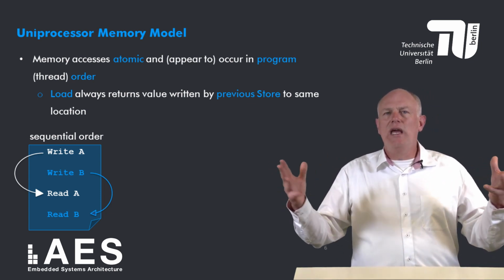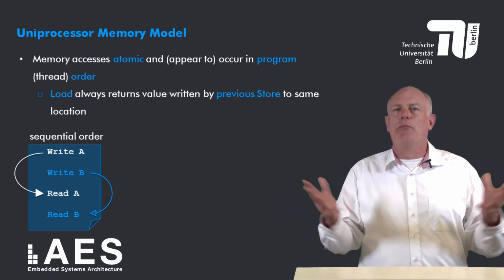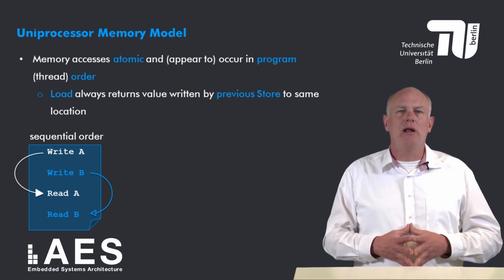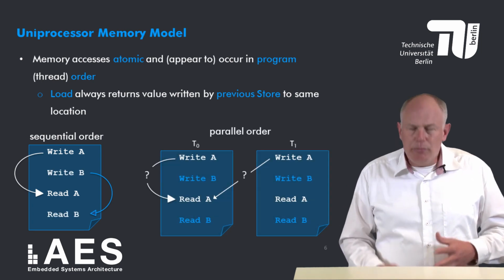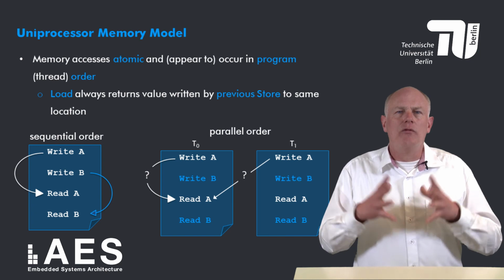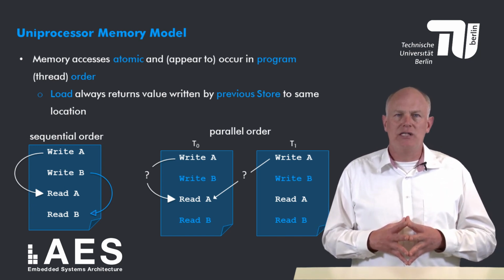So, why don't we adopt this beautiful, simple to understand memory model for multiprocessors as well? The problem is there is no global order of reads and writes in a multiprocessor.